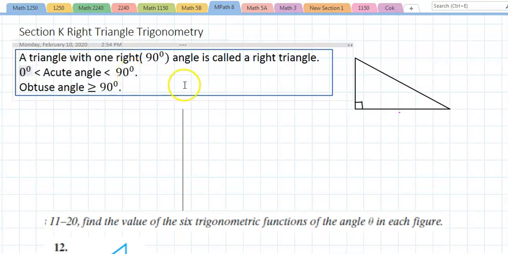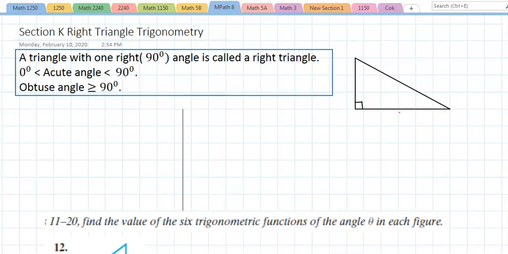And an obtuse angle is an angle that's bigger than 90 degrees. Geometry is built on acute angles. Trigonometry is built on acute and obtuse angles. So in this section, we will see how this plays out.